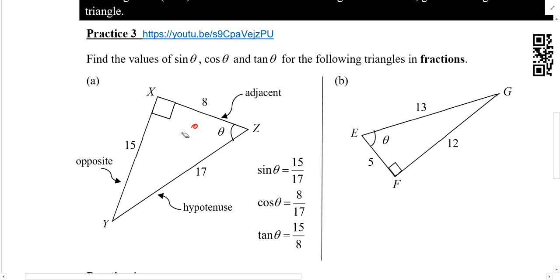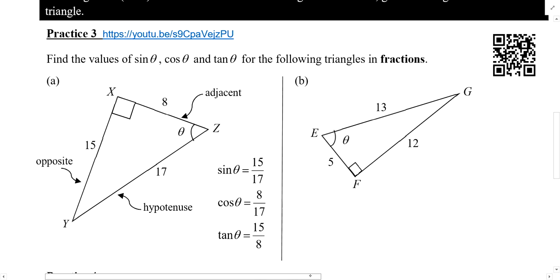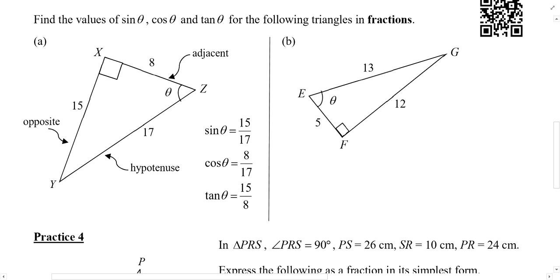So now we will try practicing in fractions. This is what we have to do for part B. Sine theta equals to, Yao Jun, sine theta equals to which one over which one? Opposite over hypotenuse. Which one is the opposite to theta? Good.